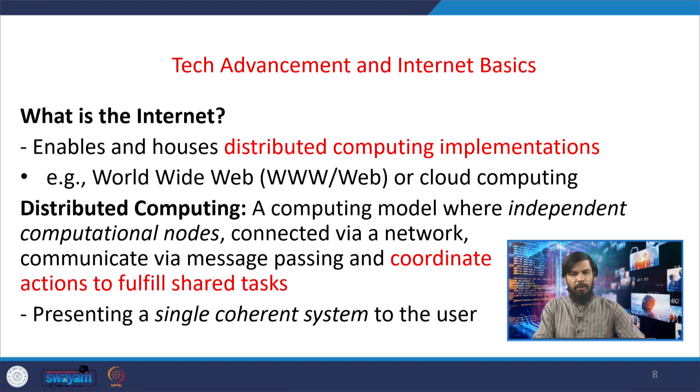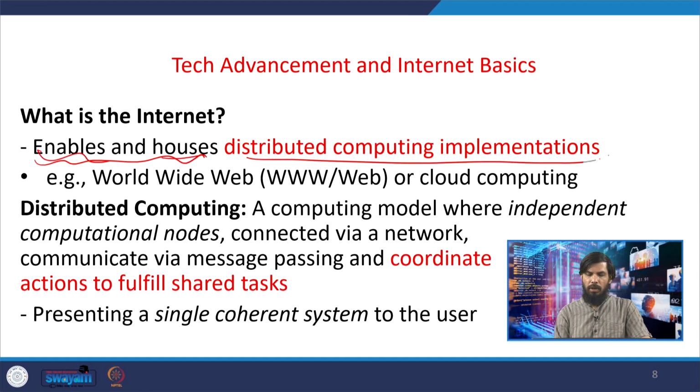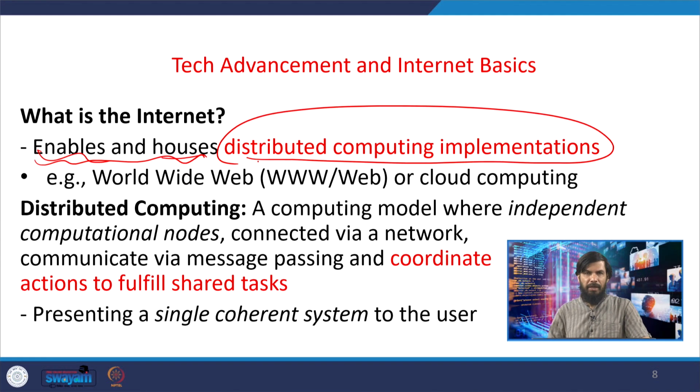Now, we come back to the question: what is the internet? Essentially, after that discussion, it is very clear that the internet is more like infrastructure, and it enables and houses distributed computing implementations. While it provides the global network of networks, this network is used to perform distributed computing.